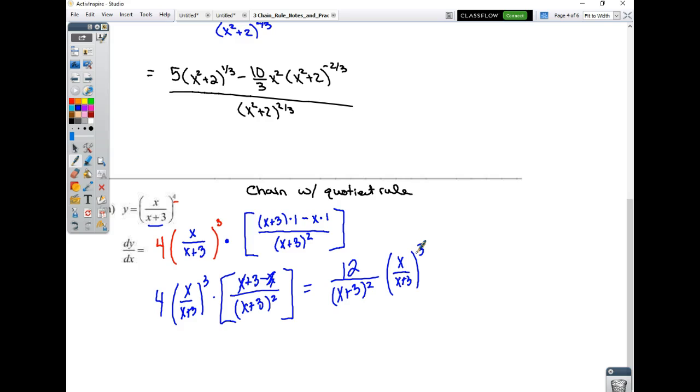I believe we could actually take this a little bit further. Well, okay, to be fair, we could call this 12x cubed over x plus 3 to the 5th. Do you really feel like making that a little bit easier? To the 5th? You have an x plus 3 squared times an x plus 3 to the 3rd. So since you have similar bases, you can add up your exponents. Well, depends. Is this multiple choice or is this a free response?